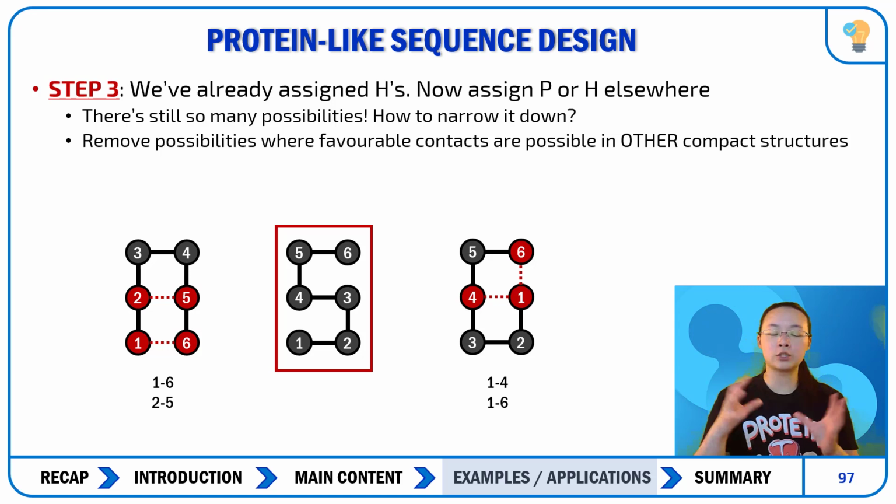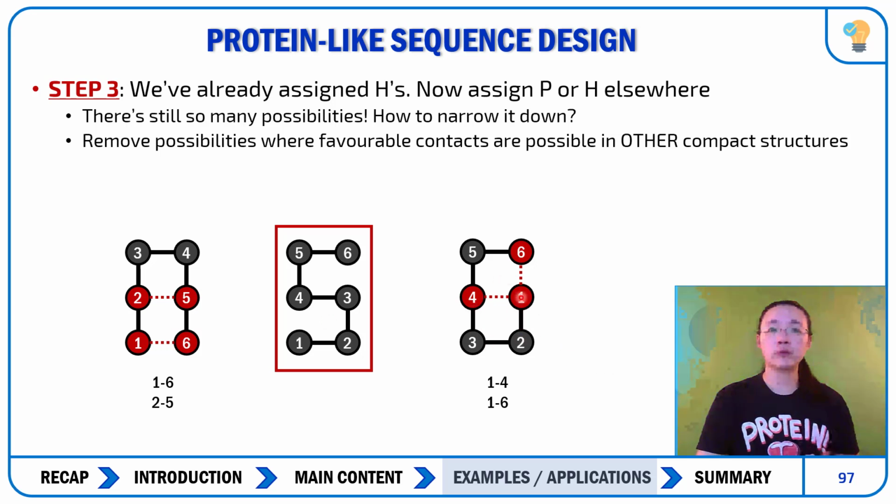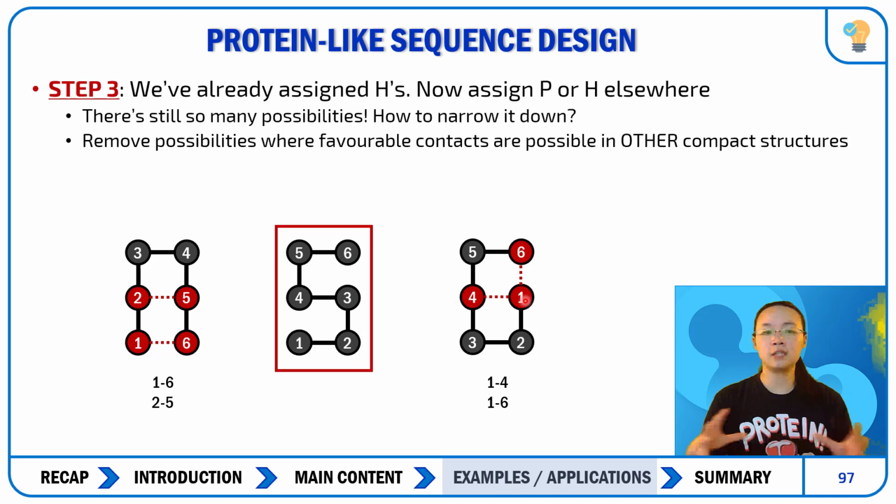So to reduce our workload, we take a look at the U shape and we know that there are possible interactions between 1,6 and 2,5, and these are preferred contacts. For the G shape, there are possible preferred structures with 1,4 and 1,6. So if we assume that these favorable contacts are going to be analyzed in the U and the G structures, then we can forget about them for the S structure.